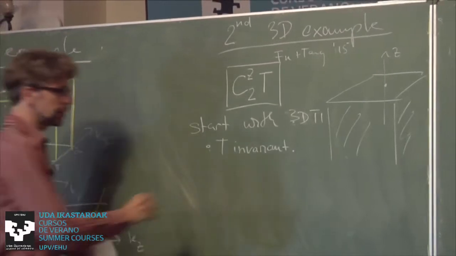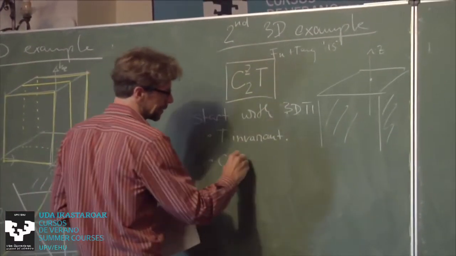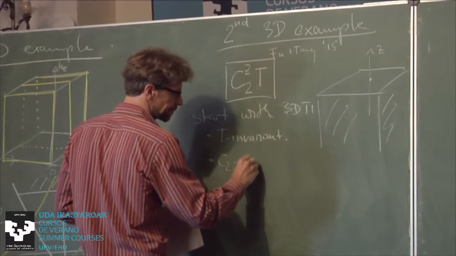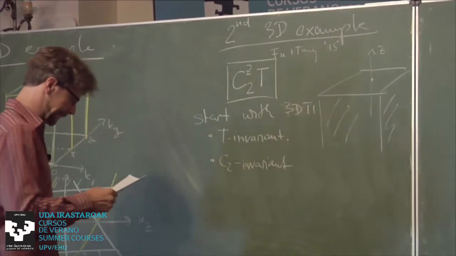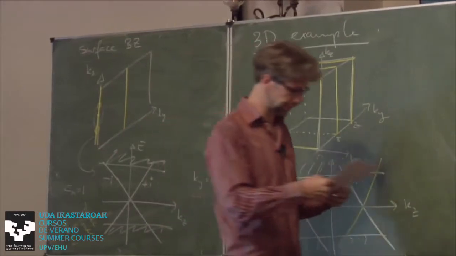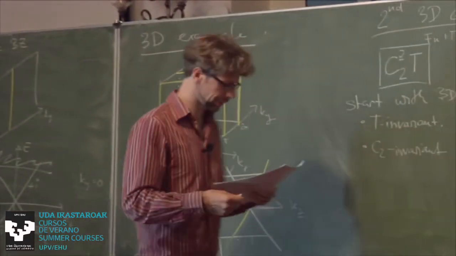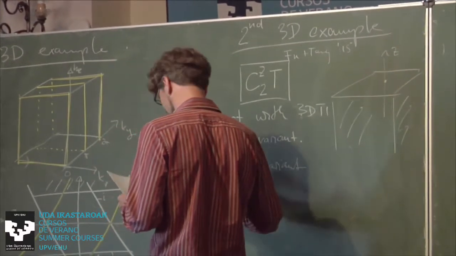But it happens to be also C2 invariant for me; I can make a C2 invariant TI. Then you know that there is a single Dirac cone on the surface. We heard about that yesterday. Probably still very mysterious to those who haven't heard why that is there, but it will remain mysterious.